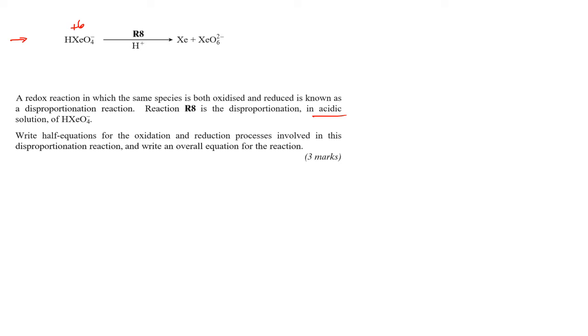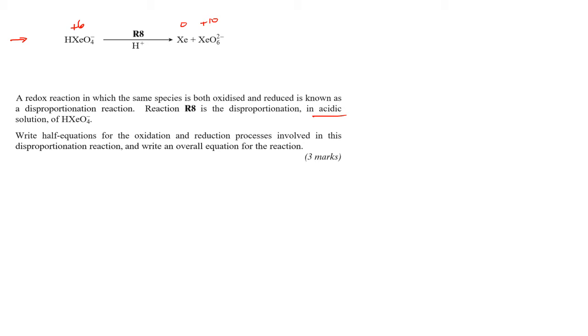I'm just going to save time. The xenon atom is 0, of course, and in XeO6 4-, the oxidation state of that is +10. So the first stage is to work out the oxidation states of the element that's being disproportionated.